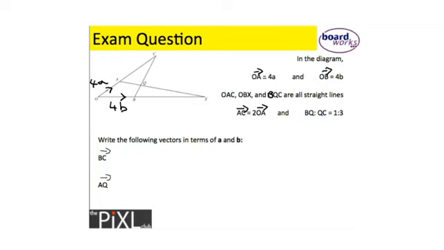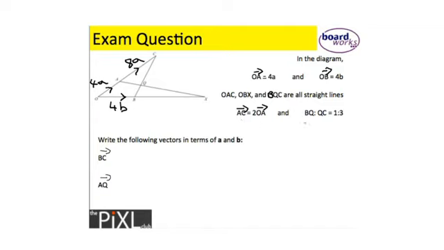So if we know that OA is 4a and that AC is equal to 2 of those, we must multiply our 4a by 2 to get 8a. So this section here from A to C is 8a because it's double. AC is equal to 2 lots of OA.